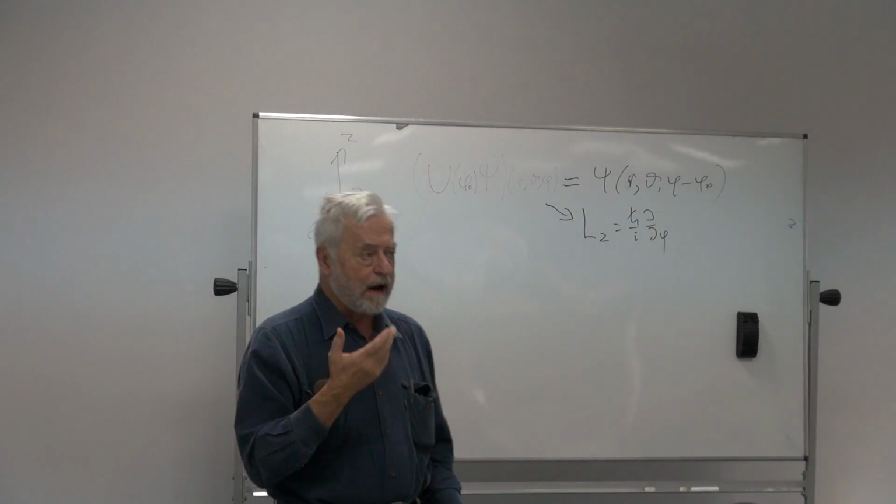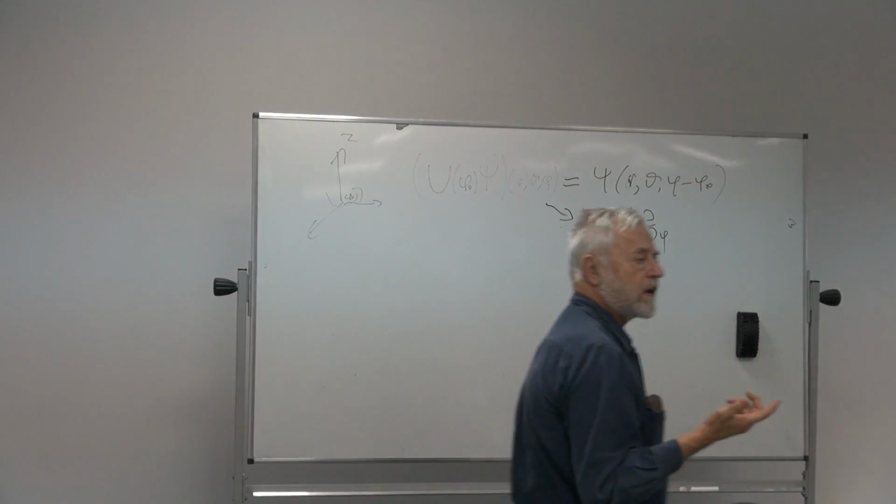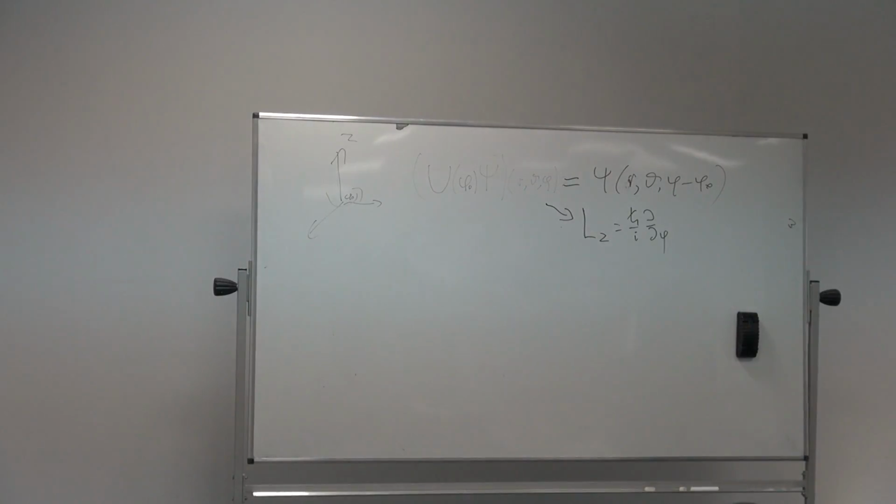Okay, now one can do one of two things. One can either do a little bit of completely stupid calculations, changing variables from spherical to Cartesian, to find out how h bar over i d by d phi can be expressed in terms of Cartesian coordinates.